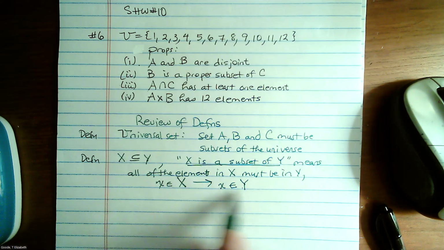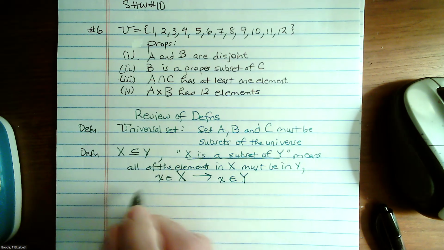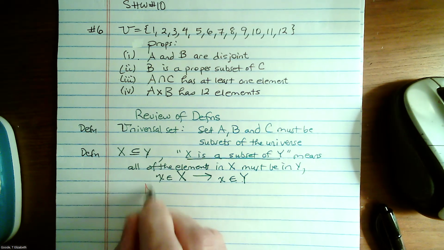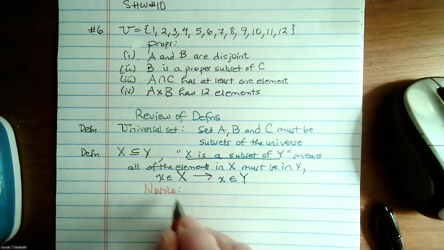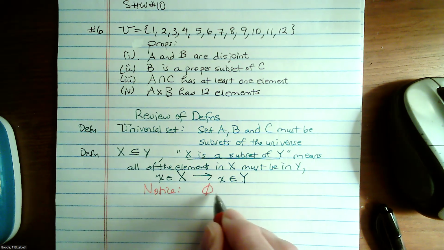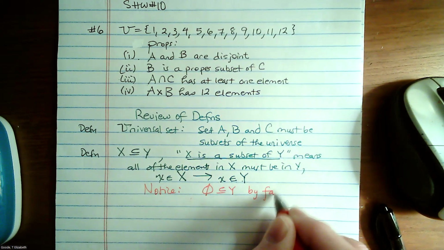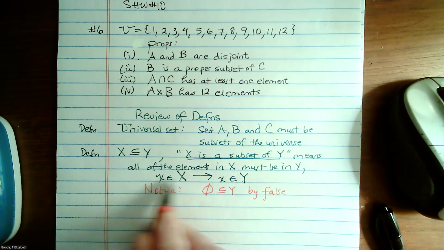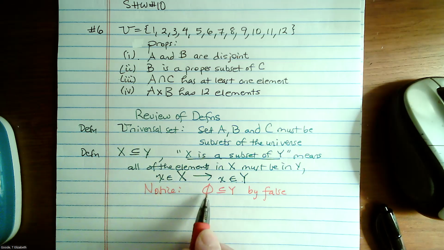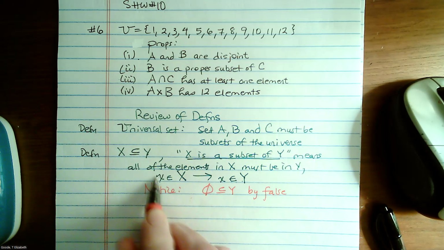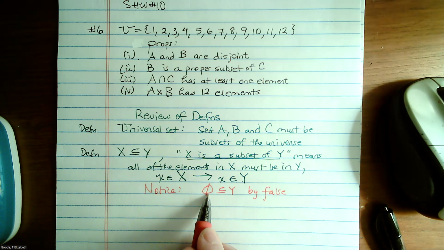And the reason we want to understand that is because this definition makes the empty set always a subset of any set. Notice the empty set is a subset of Y by false hypothesis, because if X is equal to the empty set, the hypothesis that there's an element in the empty set is false, because the empty set has no elements.